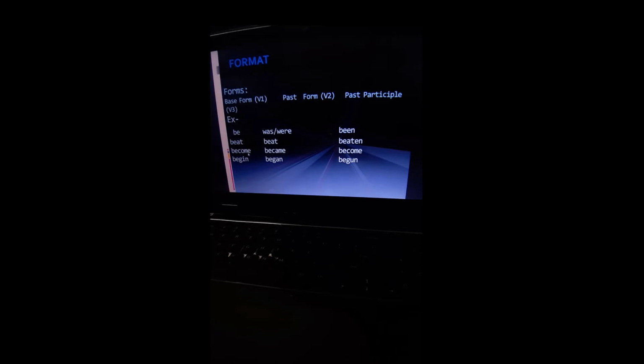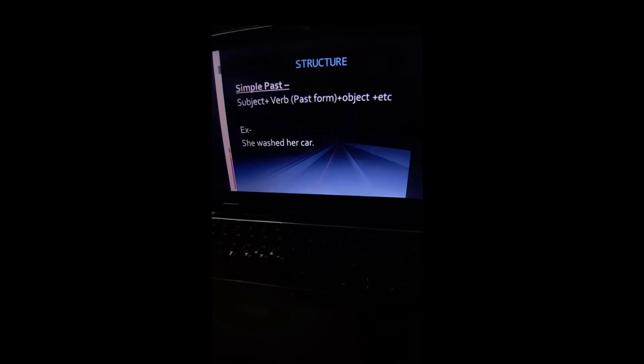The verb become: become, became, and past participle become. Begin, began, begun. So the list goes on. You have the detail sheet, please just revise it and recall it. Okay, so let's move on to the structures.